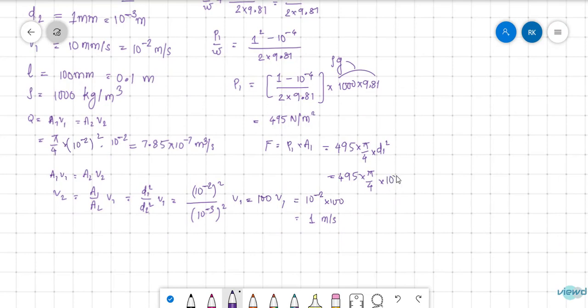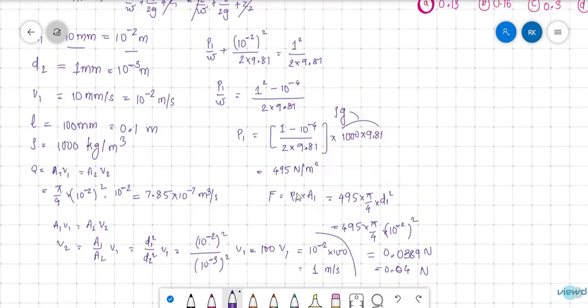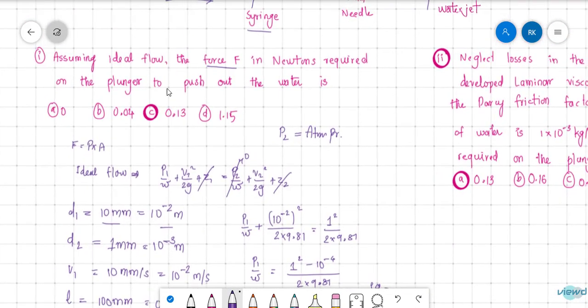So 10 power minus 2 whole square, which yields a force of 0.0389 Newton, which is approximately 0.04 Newton. So option B is the correct answer.